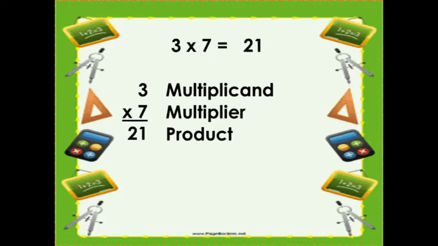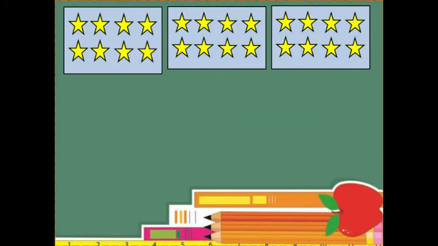So, how does multiplication work? I have here an illustration. We have here stars and boxes. For us to write the multiplication sentence, all we have to do is look at the illustration.